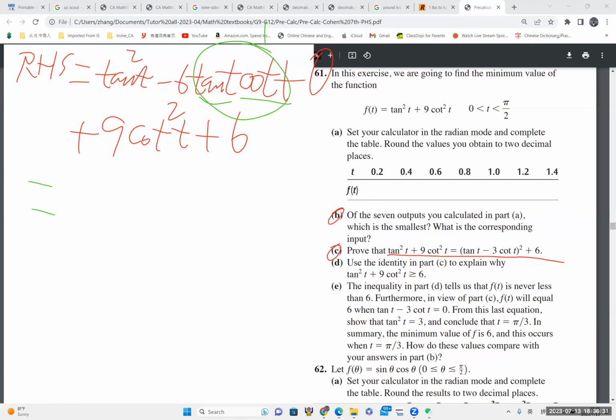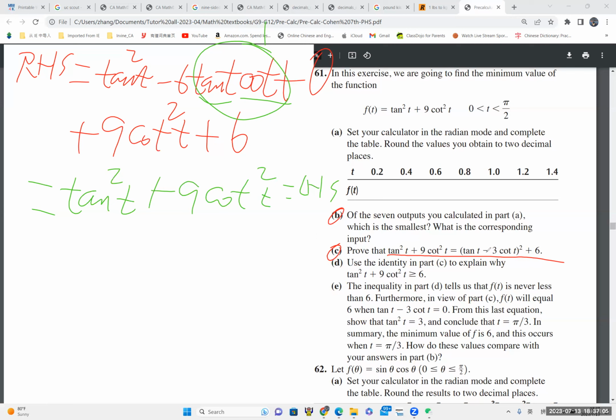Then we have tangent t squared plus 9 cotangent t squared, which is the left side, right? Use the identity in part C to explain why this is greater than or equal to 6.